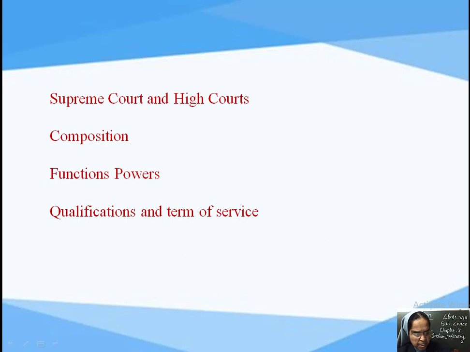The qualifications of a High Court judge: must be a citizen of India and holding a judicial office in India for at least 10 years or a High Court advocate for at least 10 years.